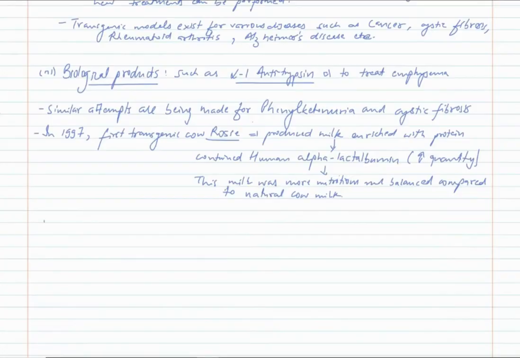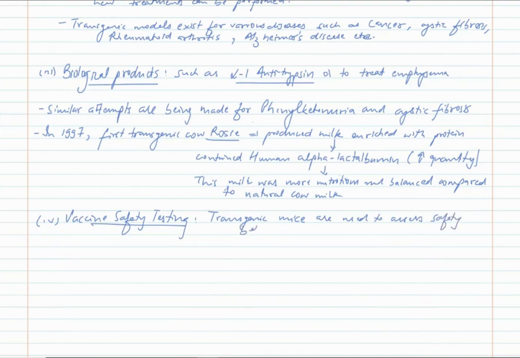Next we have vaccine safety testing. Transgenic animals can be used to assess the safety of vaccines. Transgenic mice, because their physiology represents human physiology very closely, can be used to assess safety before human use. So before we move on to human trials, we do animal trials.